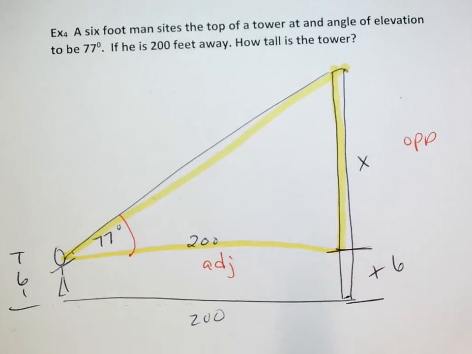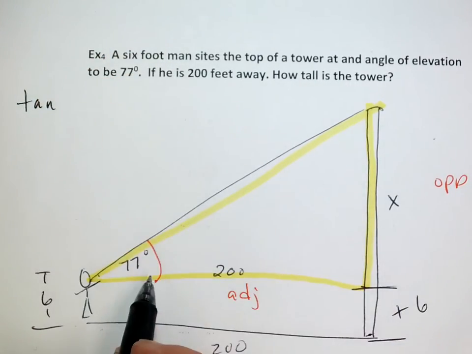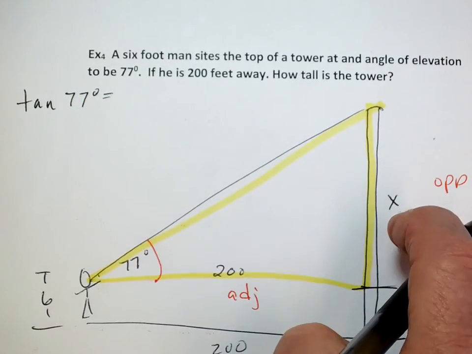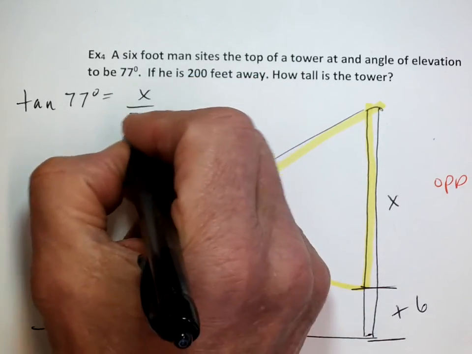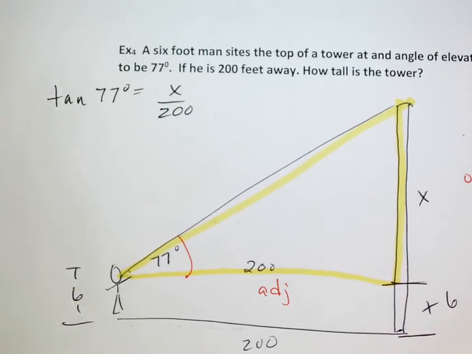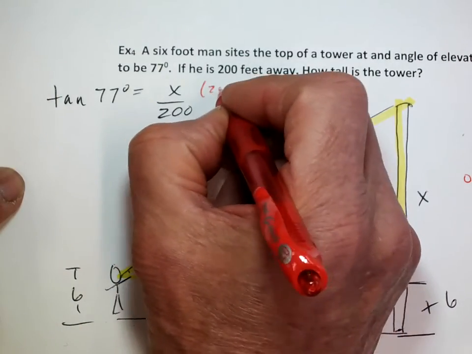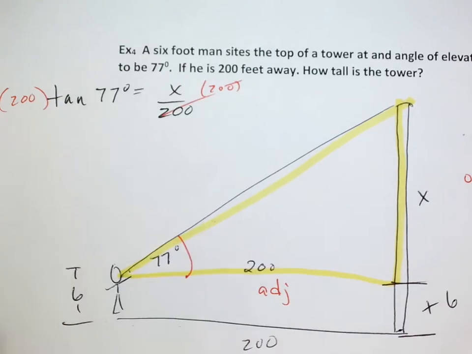So I'm going to set up tangent of theta, but theta is 77 degrees. Tangent is equal to the opposite, which is x, over the adjacent, which is 200. Multiply up the 200, and then just use my calculator.